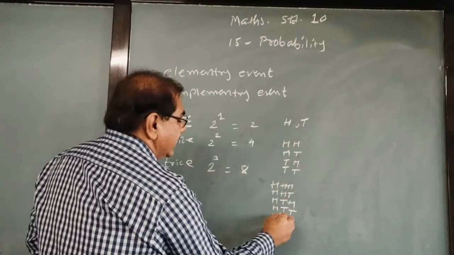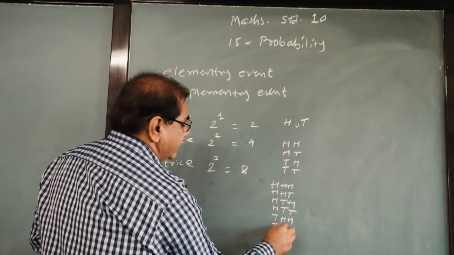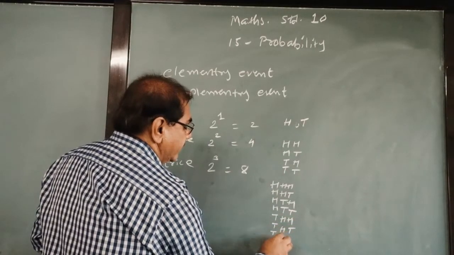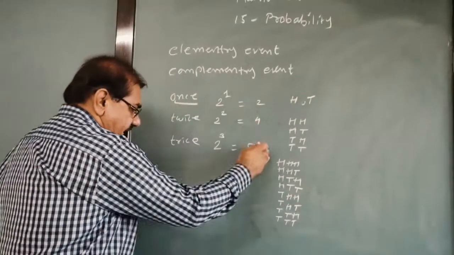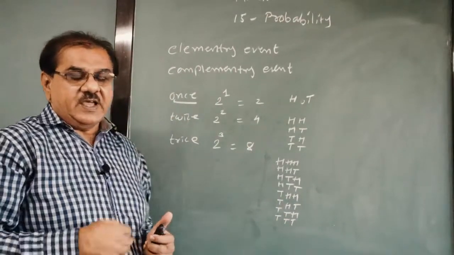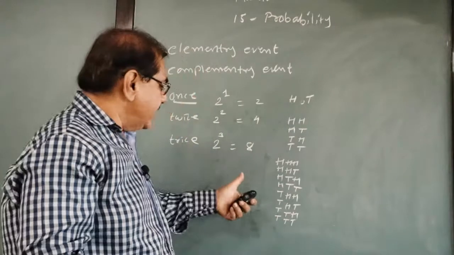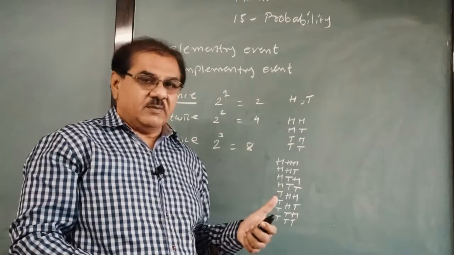Repeat all those again: HH, HT, TH and TT. So these are the 8 outcomes. In the same way, if the number of tosses is increased, you can find all the possible outcomes.